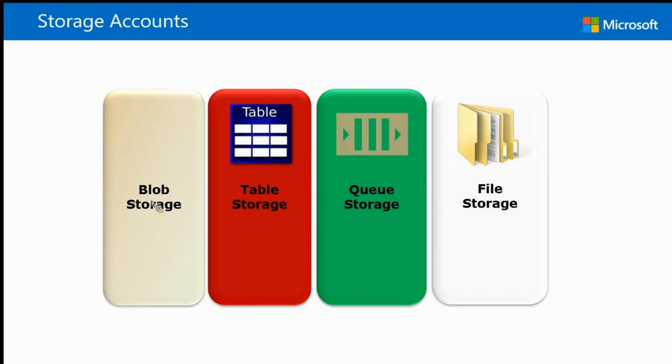That service does not have anything to do with the other services, because you receive an endpoint for each of the individual services. There is an endpoint for the blob from your storage account, another endpoint for the table storage, another for the queue, and another for the file storage.